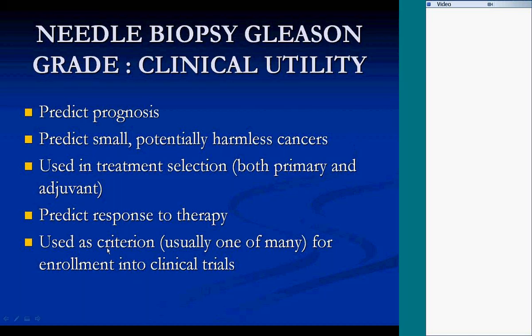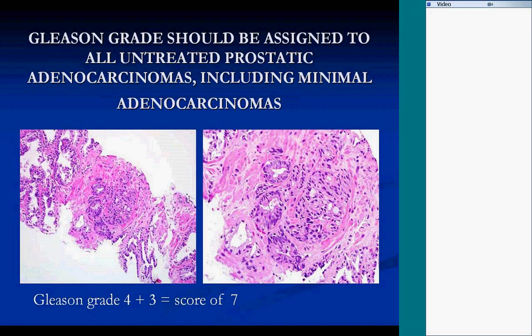And it can be used as a criterion for enrollment into clinical trials. So really we need to render a Gleason score in all cases of adenocarcinoma where there is no treatment effect. And so this is a minimal carcinoma, yes, very small, but one should still apply the Gleason grading scheme.